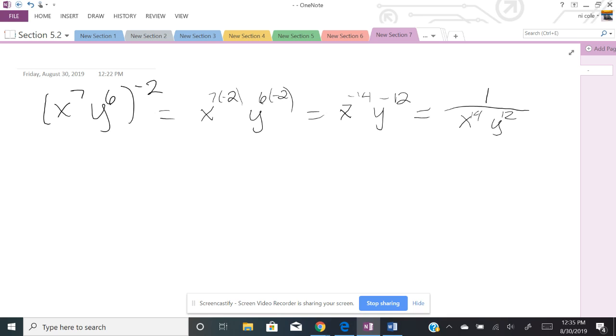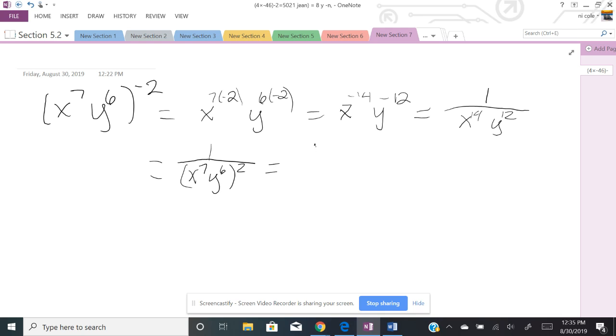1 in as a placeholder. Another way we could have looked at this problem is we could have automatically started by putting this as x to the 7th, y to the 6th. Okay, I'm going to get rid of that negative right away and put that 1 right there.